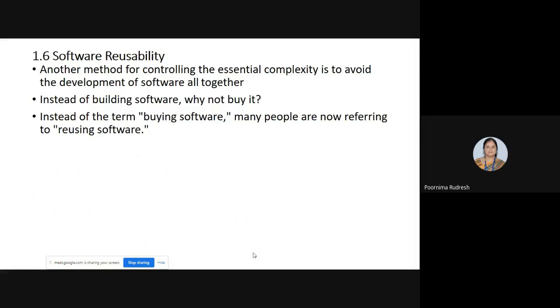Instead of building the software, why not buy it? Because buying the software is less costly compared to developing the required software. Understood? For your application, you need spreadsheets, PowerPoint, or the best example, you also need a calculator.